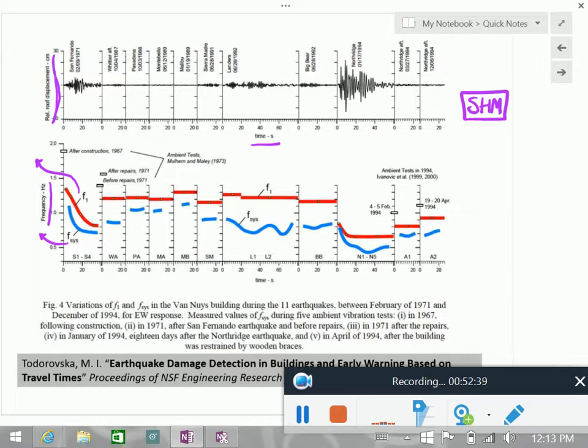Now, in the very first one, when we have the San Fernando earthquake, what happened to the resonance frequency of the building? So both of them are reducing over time. Right. So the frequency is sharply dropping, right?